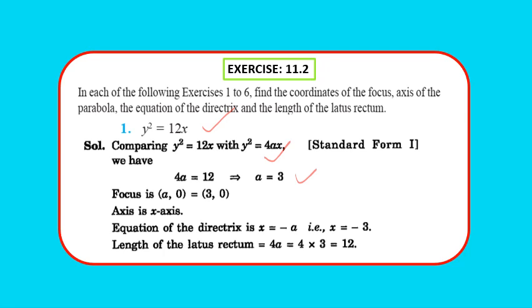So if a is equal to 3, focus is (a, 0), that is (3, 0). Axis will be the x-axis and the equation of the directrix is what? x equals minus a. Remember the standard table that I showed. x equals minus a, that is x equals minus 3. And the length of the latus rectum is 4a, that is 4 into 3, that is 12. Clear? So pause and note down the solution.